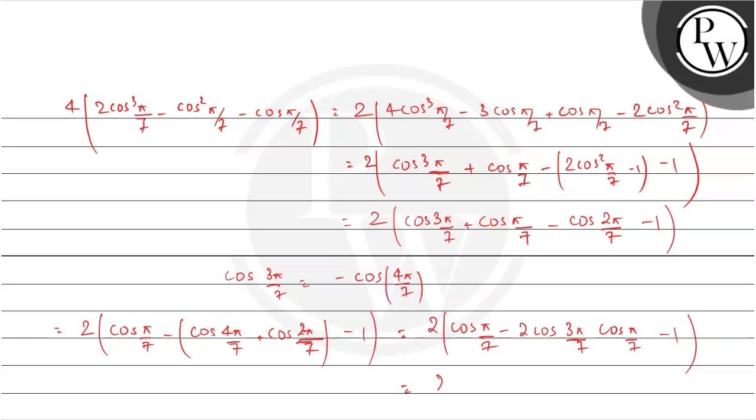So this would be 2 times cos of pi upon 7 times 1 minus 2 times cos of 3 pi upon 7, minus 1.